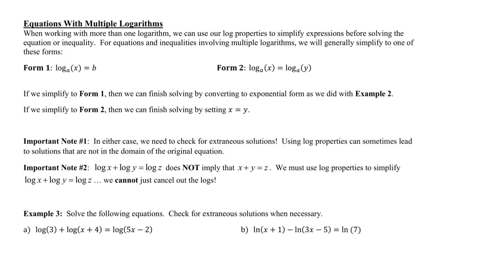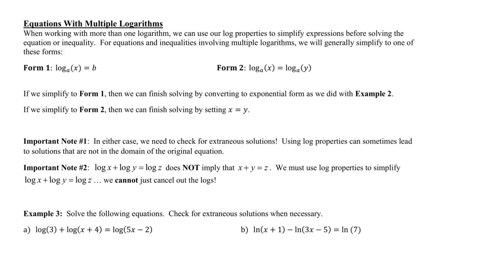If we end up in form 1, well, we just did problems like in form 1, so that's going to be pretty simple. If we get into form 2, then really that's the easiest way, because if I have log base 7 of x equals log base 7 of 5, I know that x has to be 5 because the logs and the bases are the same.